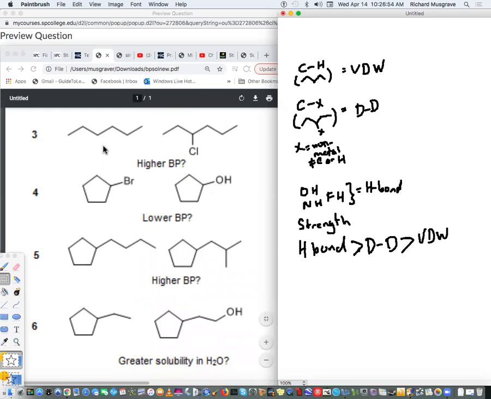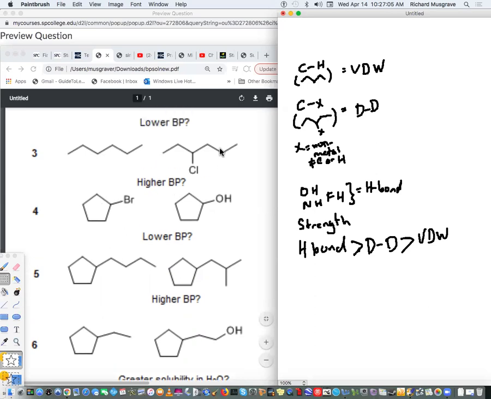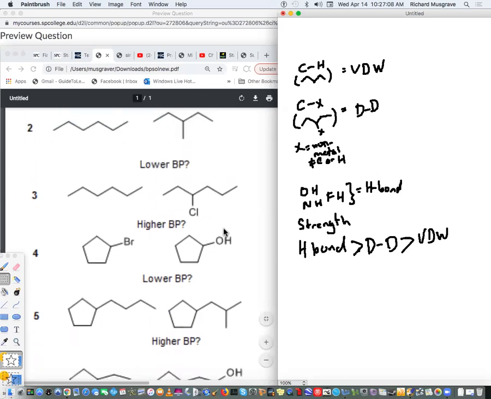All right, question 3. Out of these two, this one is van der Waals and this one here is dipole-dipole. Now the mistake that people sometimes make here is that, having just looked at this one which has the branch on it, they look at the chlorine here and say, oh, isn't that branched as well? No, it isn't. Can anybody tell me the distinction between these two and why this one up here is considered branched, but this one is not? It's a little bit subtle.